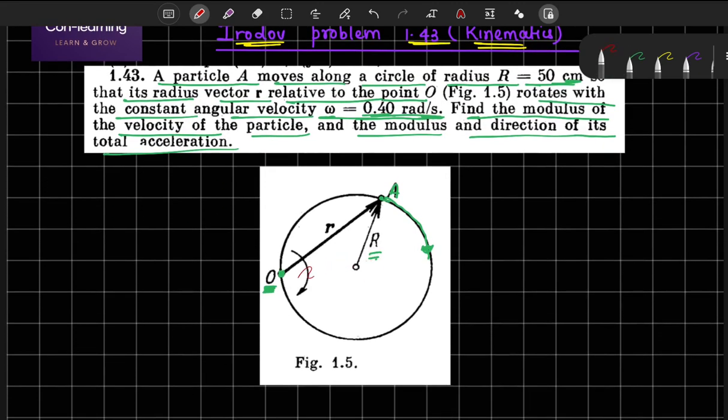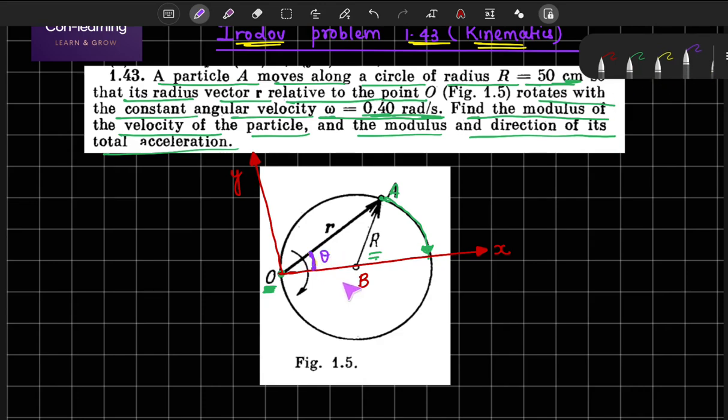Okay, so let us say that this is the x direction by joining the line of O and let us say B, and this is the y direction. Let us say this particular angle is theta.